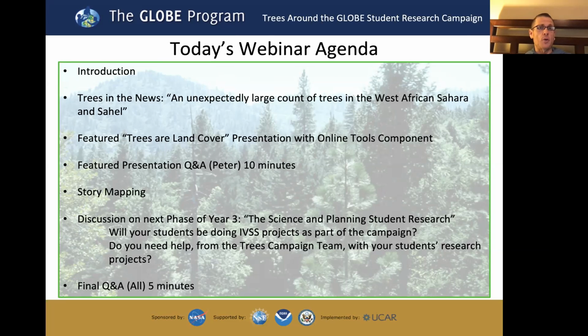So that's the front-loaded science as part of the campaign. And then we're going to run to the next step using that science and planning student research. We're going to have kind of an informal discussion in the last 10, 15 minutes, as long as we need at the end of the webinar today, just prior to any final question and answer.